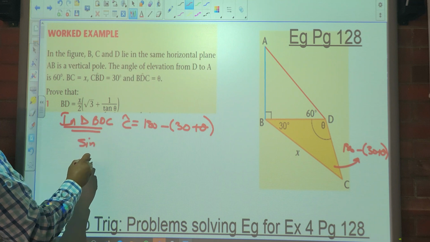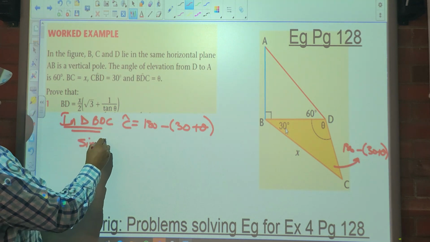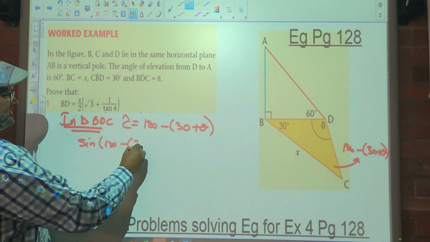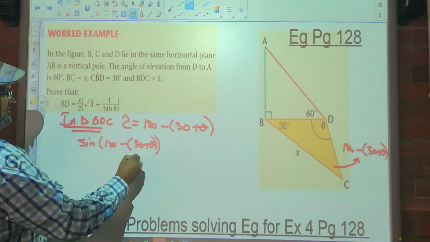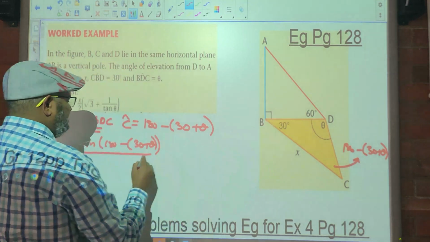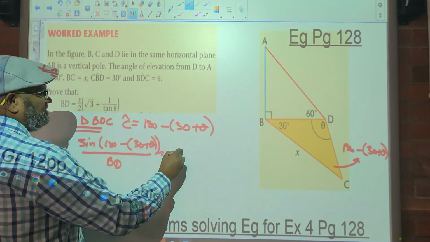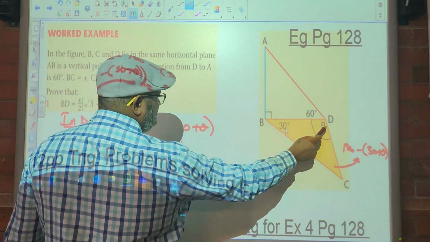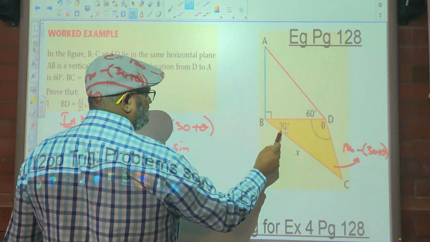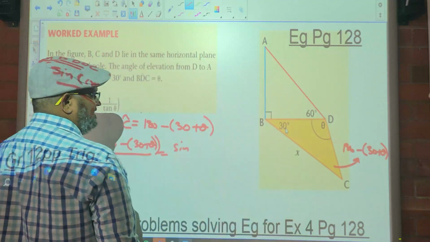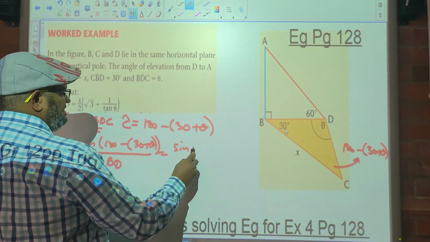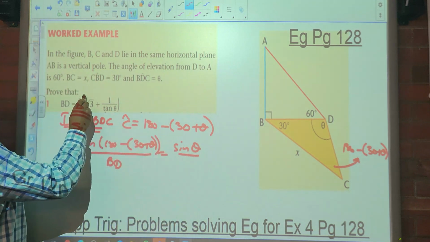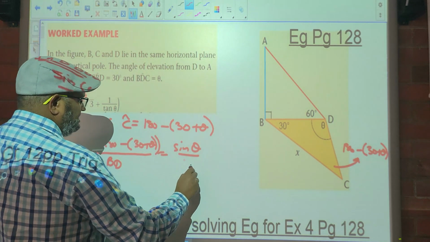So we go sine of 180 minus (30 plus theta) over BD is equal to sine of, now which one of the two are we going to use? Theta over x or 30 over DC? Theta over x. Okay, as you can see, there's an x involved here as well.